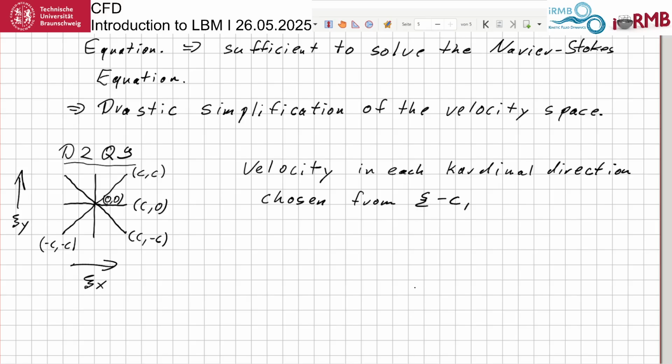Namely, we could have velocity minus c, 0, and plus c.